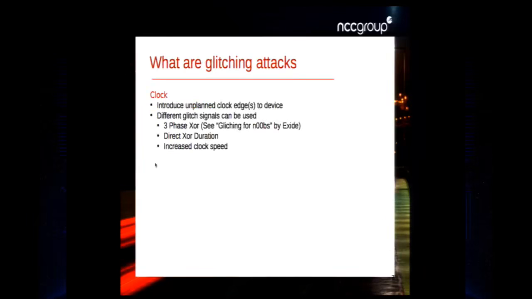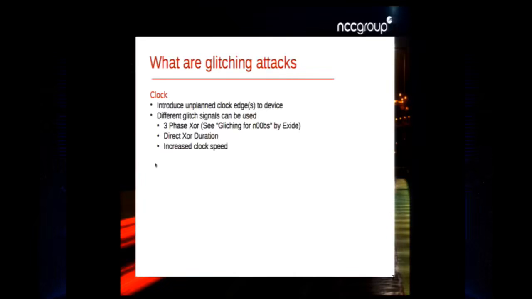With a clock glitching attack, we introduce unplanned clock edges into the target IC, and we can use different types of glitch signals when doing this type of attack. In the Glitching for Noobs talk, one that Exide used was the 3-phase XOR signal, where he took the same clock signal and XORed it against itself with a phase shift of 0, 45, and 90 degrees.